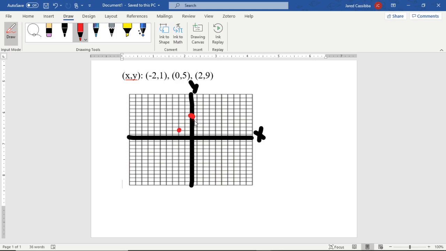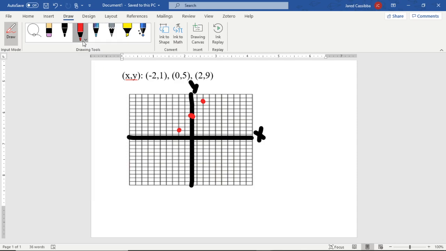And then the last one is 2, 9. So 1, 2, and then up 1, 2, 3, 4, 5, 6, 7, 8, and 9. So that's right there. So those are our points. Now to finish off the line, we just connect them.